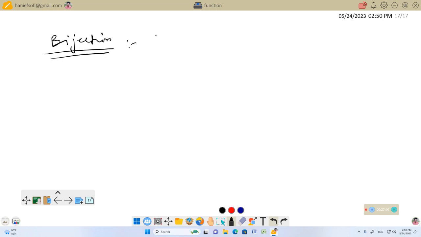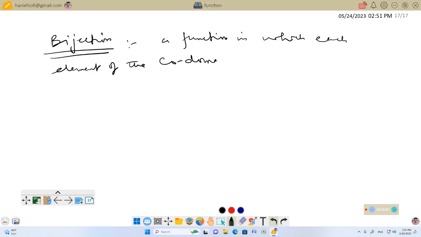This bijection is defined as a function in which each element of the codomain is mapped to exactly one element of the domain.